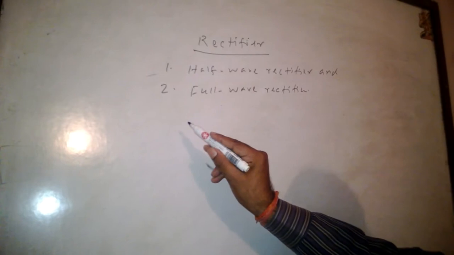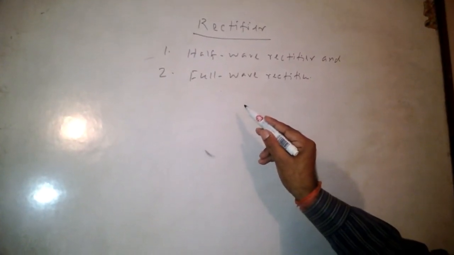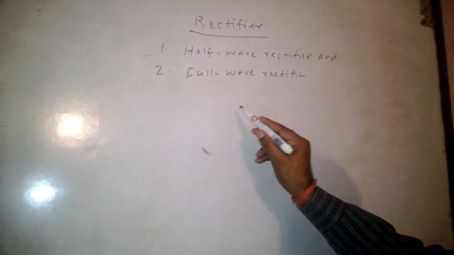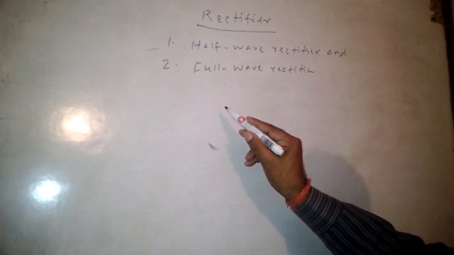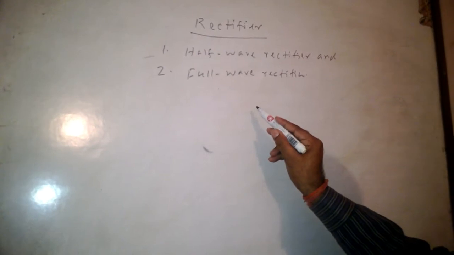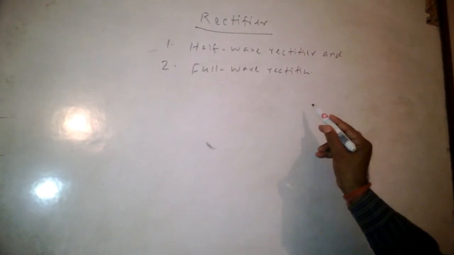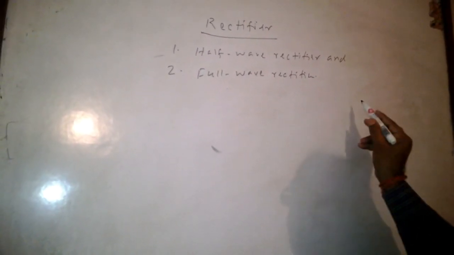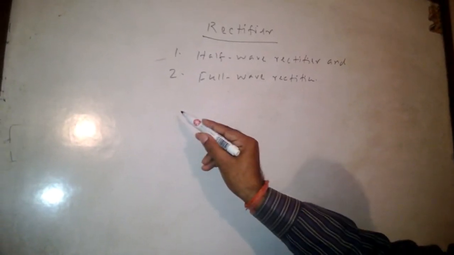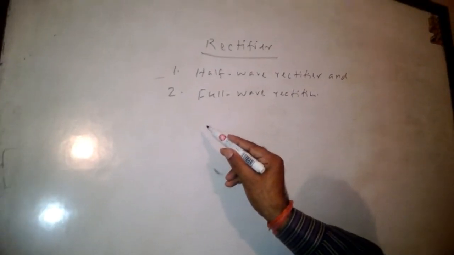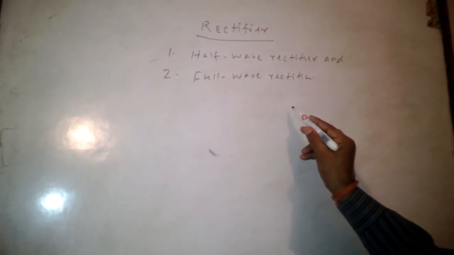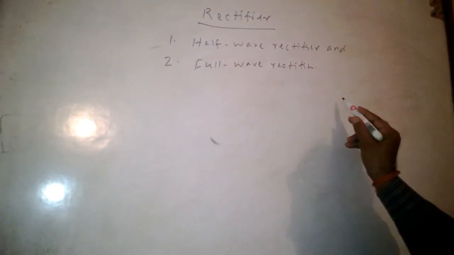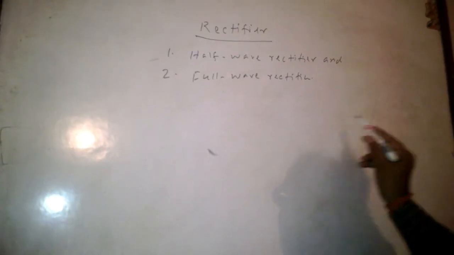A rectifier which converts the full cycle of AC, it means positive half as well as the negative half, into pulsating DC, is known as full wave rectifier. In brief, an electronic device which converts AC into DC is known as rectifier.